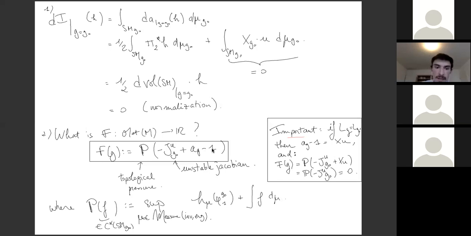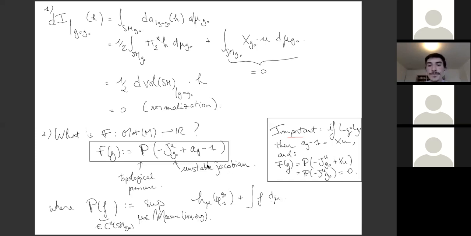Okay. If you don't remember the definition, the topological pressure is a notion from dynamical systems. It's the supremum over all ergodic invariant measures of the metric entropy of the flow plus the integral of the potential with respect to the measure. Okay, but it doesn't really matter.